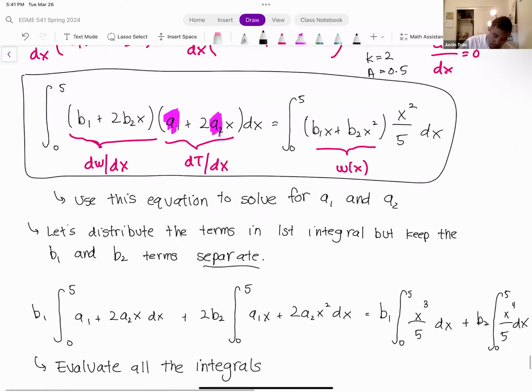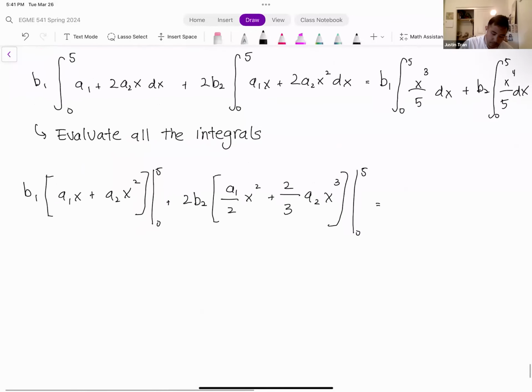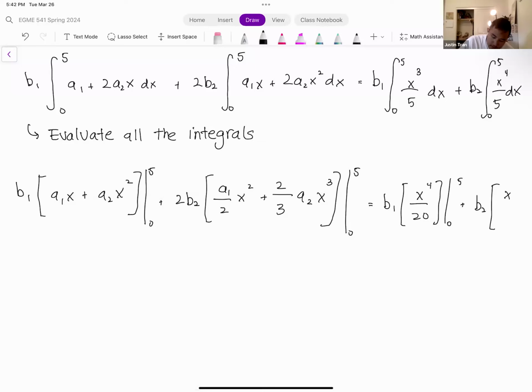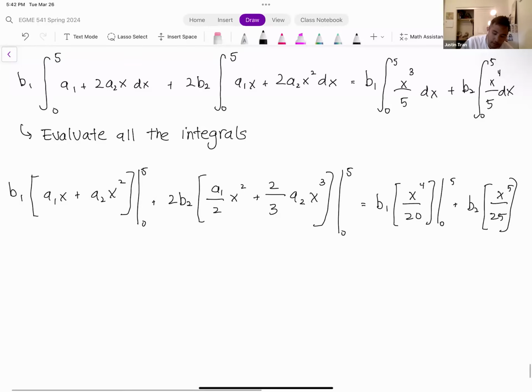This is equal to b1 times x to the fourth over 20 evaluated between 0 and 5, plus b2 times x to the fifth over 25, again evaluated from 0 to 5.